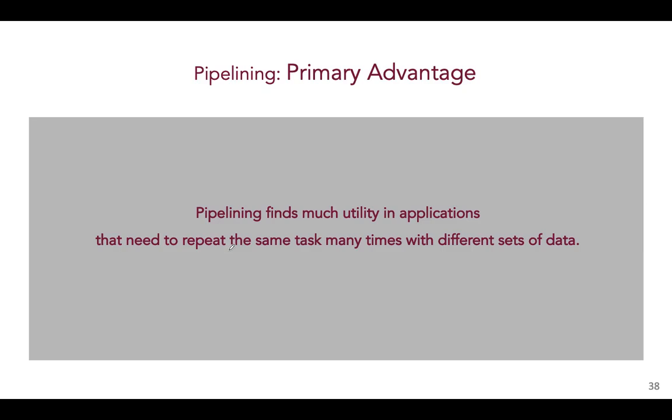If you have an application where you have to perform the same task but with different kinds of data values, we try to perform it using a pipeline, because we set up a circuit in advance depending on what kind of operation we are supposed to perform, and then we keep feeding the pipeline different values, and it will perform the same operations for which it has been designed, and it will give us the results in a very efficient manner, more efficient than what would have been possible using a non-pipeline system.